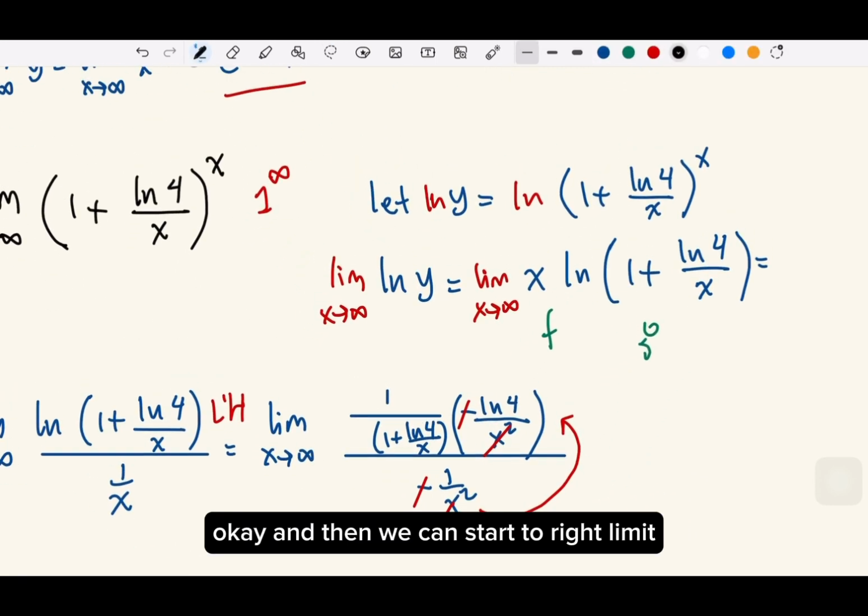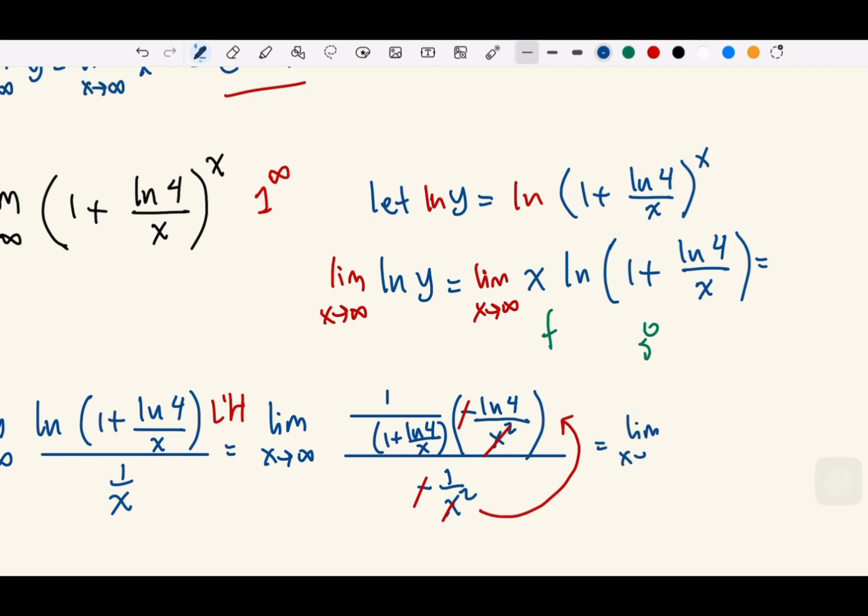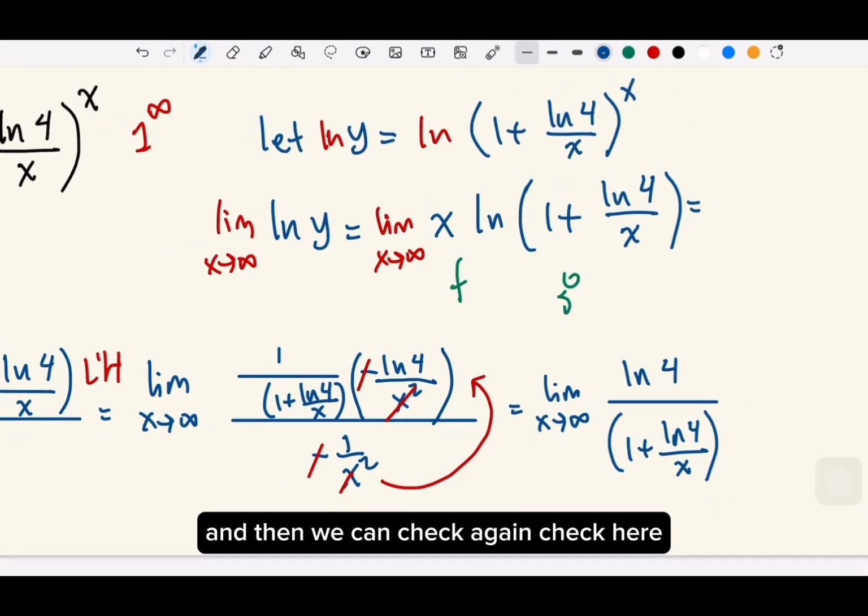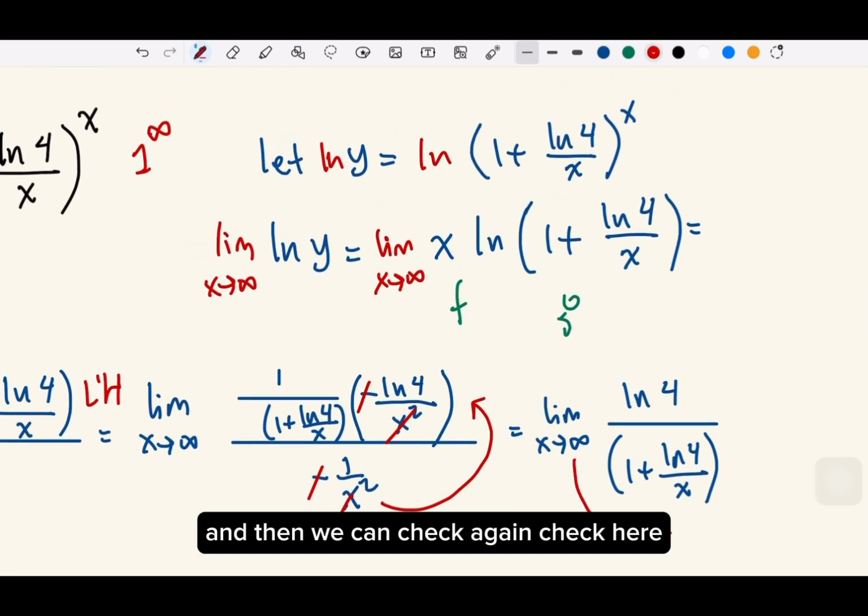Okay, and then we can start to write the limit of ln 4 divided by 1 plus ln 4 over x, and then we can check again here: this will be 0, so it's 1, so this whole thing is ln 4.